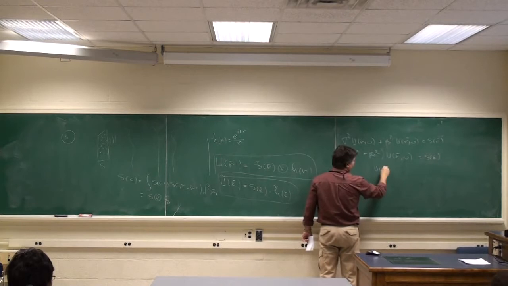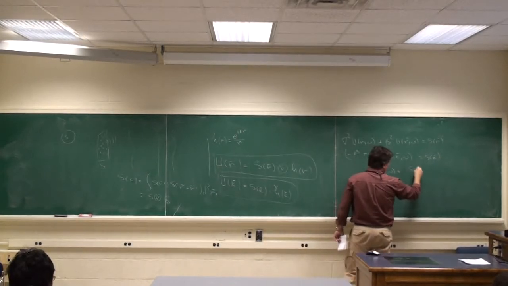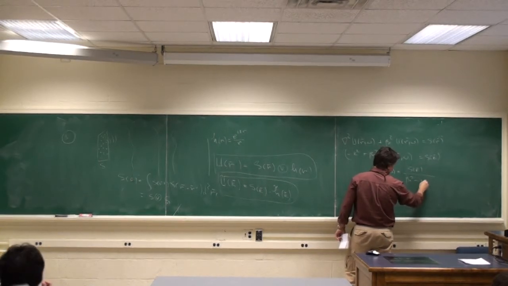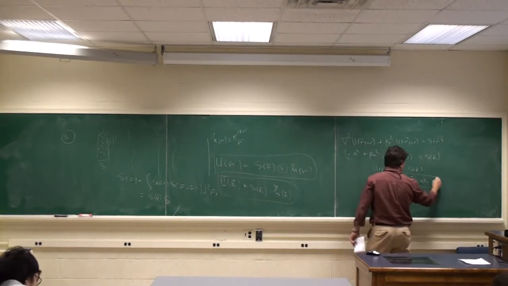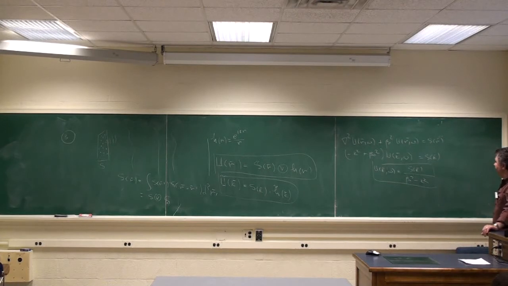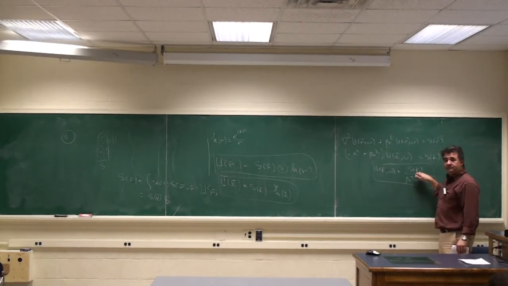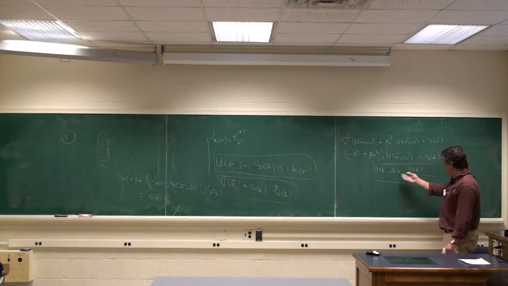Basically, u of k and omega is already this. So this is how the field diffracted from an arbitrary source looks like everywhere in space. No approximation. Except that it looks unusual because it's in the k domain.